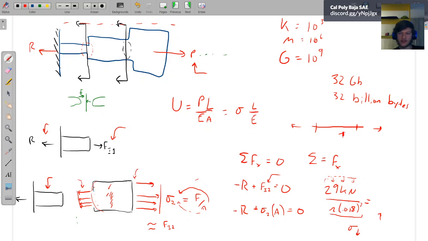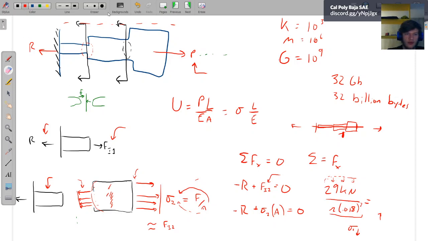Your tension force applies throughout the whole body. Here, it's exactly the same idea. We're just saying that we have a different area over which that same force is being applied. So we see our different stresses come out here.